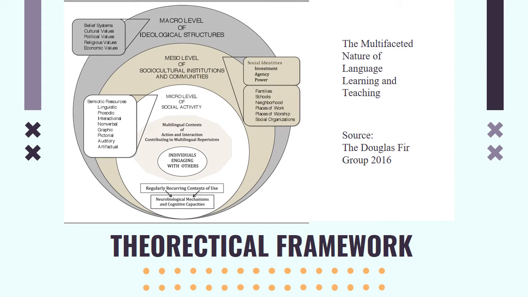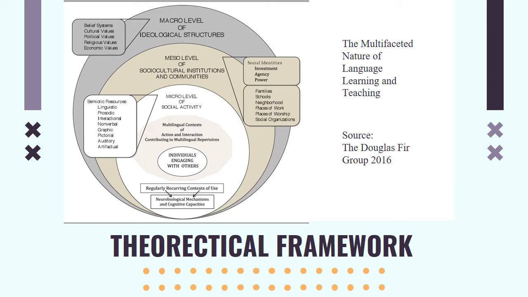This research is guided by the framework of the multifaceted nature of language learning and teaching represented by the Douglas Fir Group, 2016. This framework expands on the perspectives of educators and researchers about L2 learning and the possibilities of how L2 learners acquire diverse language repertoires.